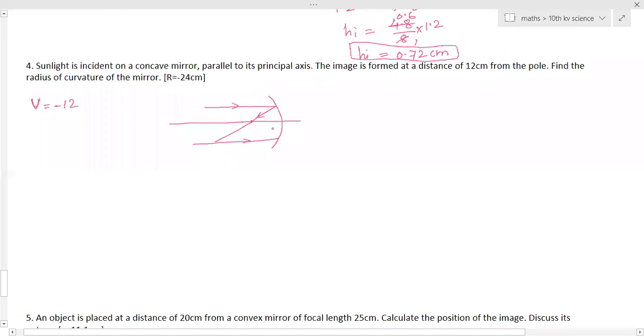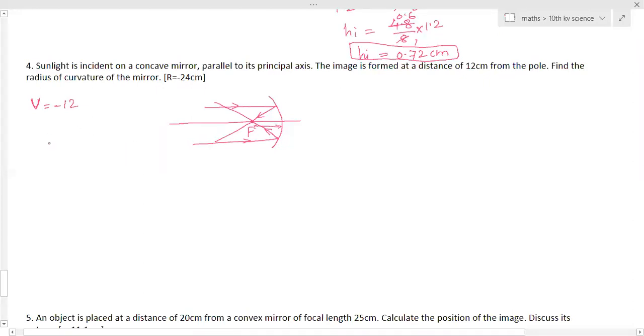I'm asking only Gautam, so please others don't answer. So where is the image formed? At F. So that means the image distance is the focal length.